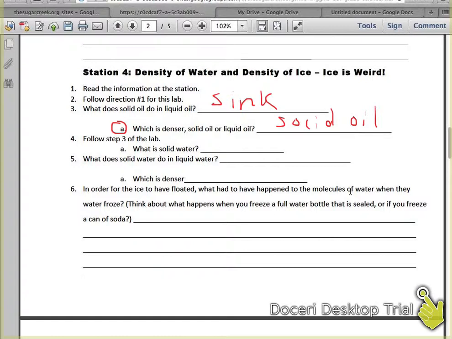I was getting answers like, I don't even know. Solid water is ice. I don't understand why people were having such a hard time with understanding that solid water was ice. Okay. Then number 5 says, what does the solid water do in the liquid water? What did it do in the liquid water? Somebody else. Dewey. It floated.